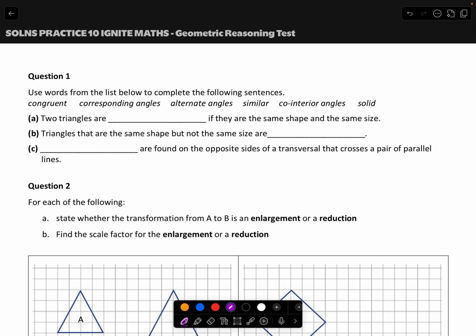Show that the following pair of triangles are congruent, stating the appropriate congruence test and showing all your working. What do we have here? AC is equal to EF is equal to 10 because given. Angle BAC equals angle DFE equals 65 degrees because given.